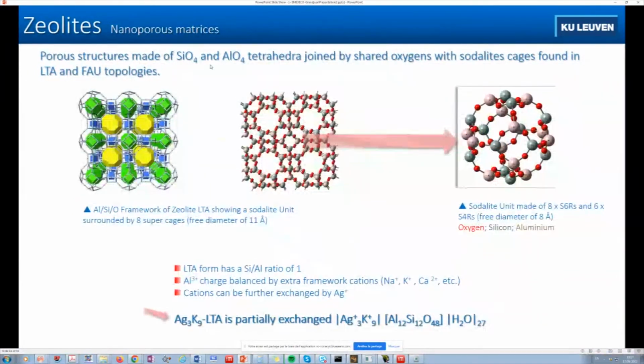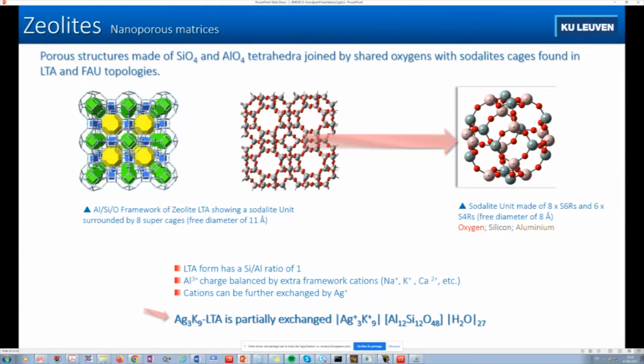So zeolites also have this structure. These are nanoporous matrices. These are just tetrahedra of SiO4 and AlO4 that make this very complex structure. We are mostly interested in the sodalite here, because sodalite is a special cage that constitutes the structure of this LTA and faujasite.